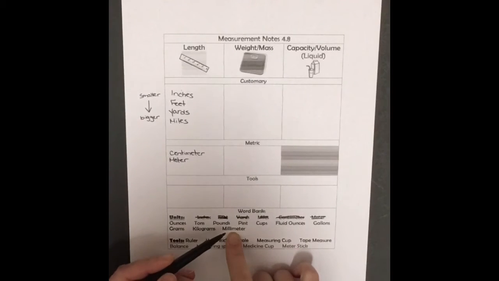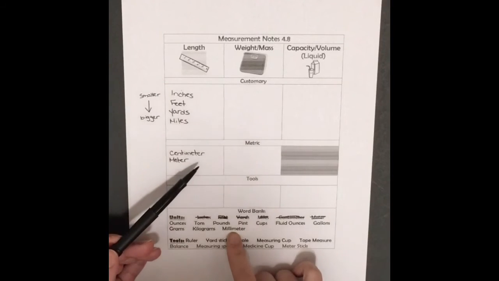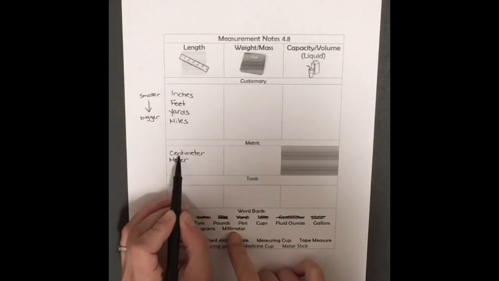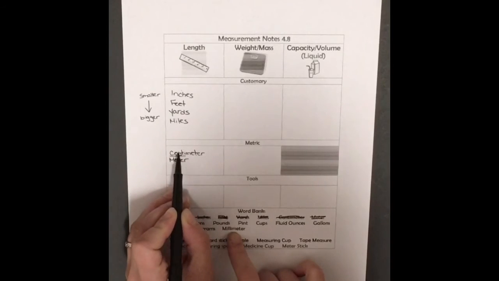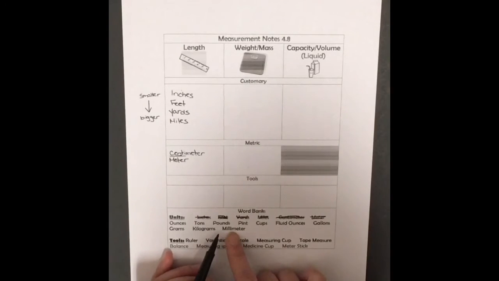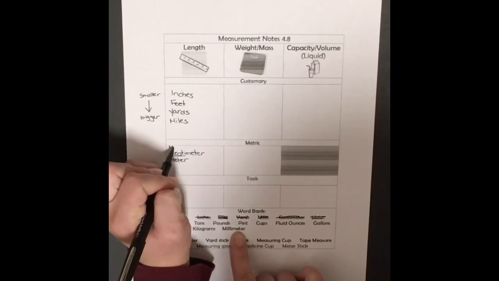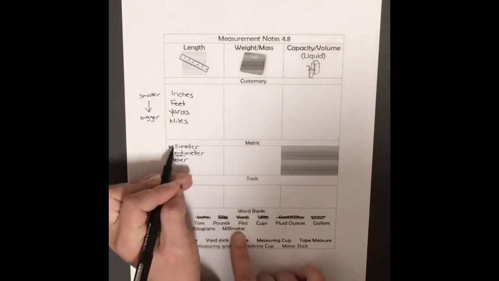Now, the nice thing with the metric system is it's based on base words, and they have kind of a pattern to their conversion, and we'll talk about that in the conversion videos. But the pattern is that they have prefixes. So here's centi. This is a prefix of meter. That's a little bit smaller than your meter. Here I have millimeter. Well, milli is even smaller than centi, so I'm going to put it up here. Throw us off putting it out of order. Millimeter.